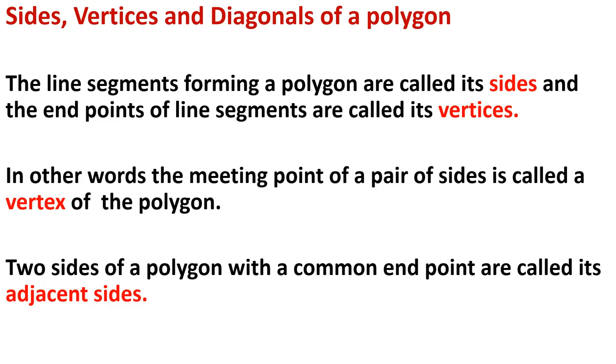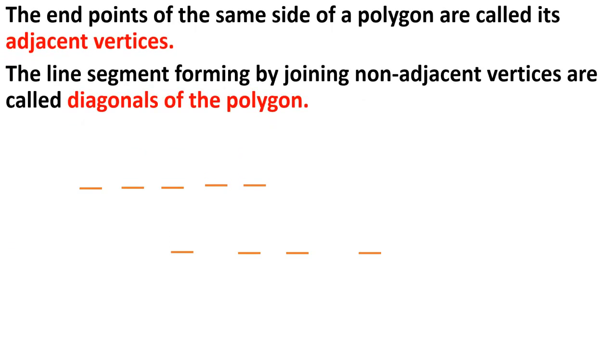And the end points of the line segments are called its vertices. In junior classes, we used to say vertices as corners, but now we will use the word vertices.